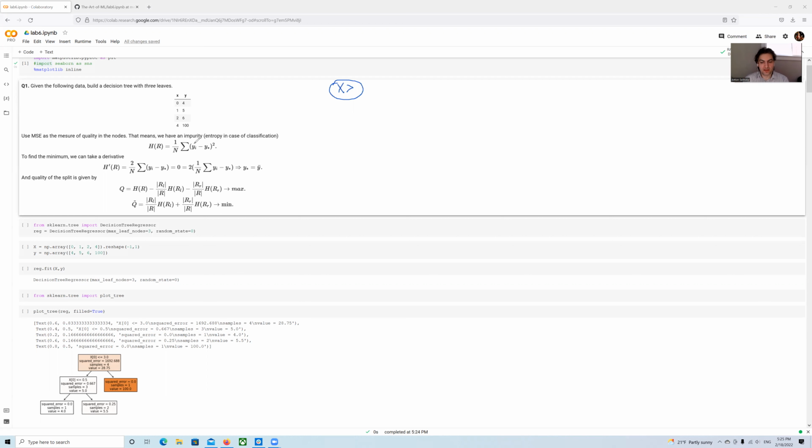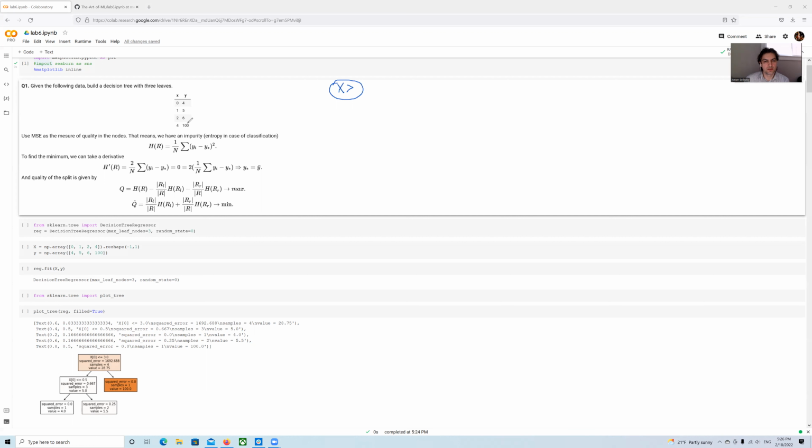So this difference y_i minus mean value corresponds to the variance. So we should choose our predictions to minimize the variance.